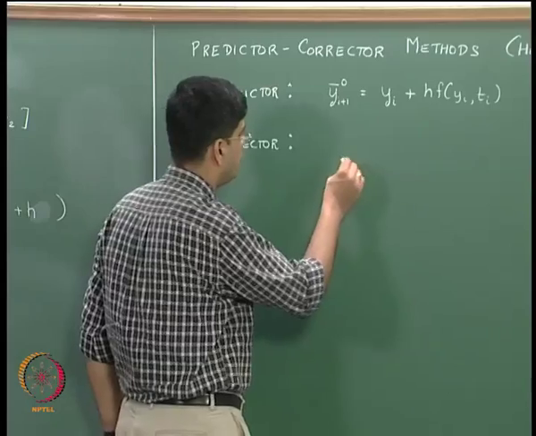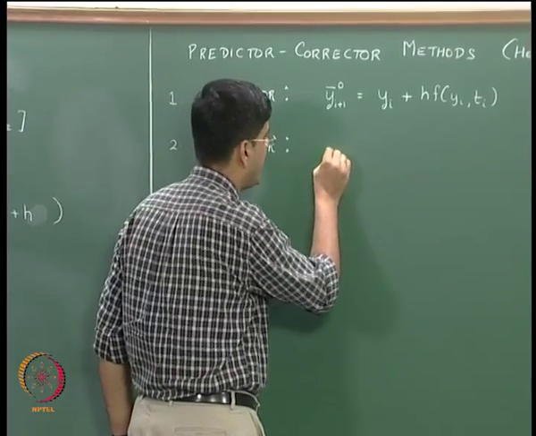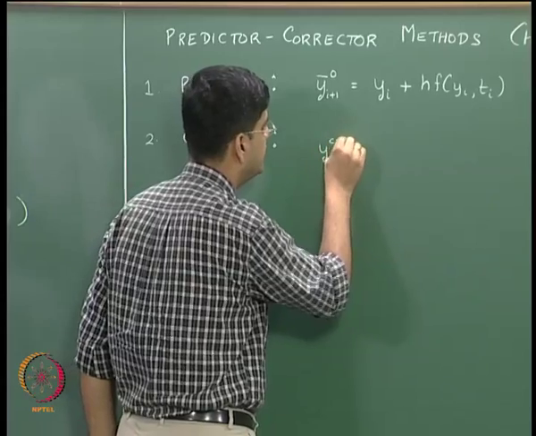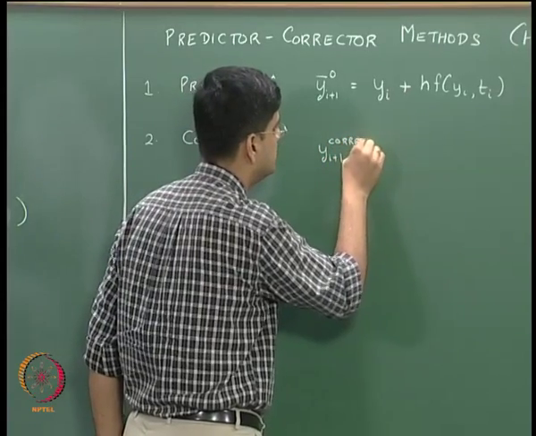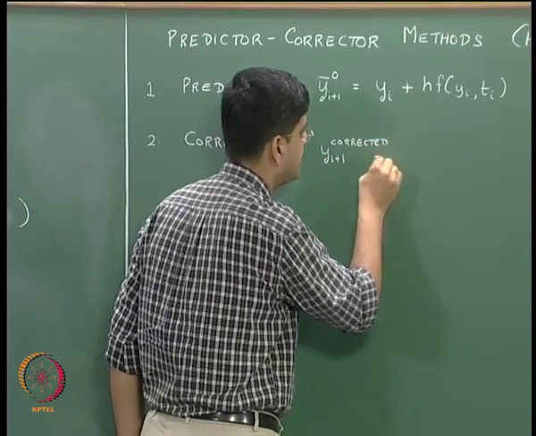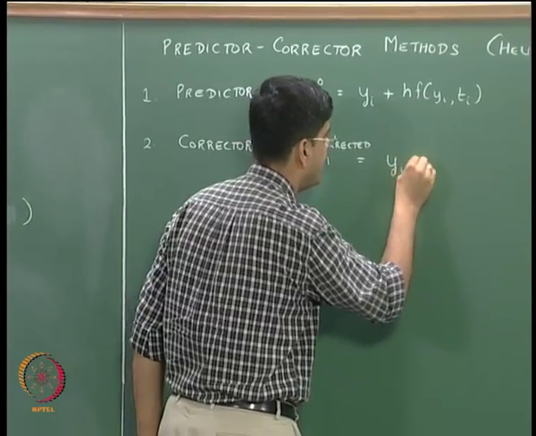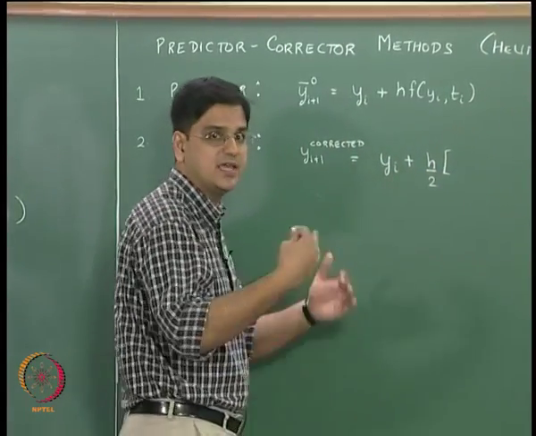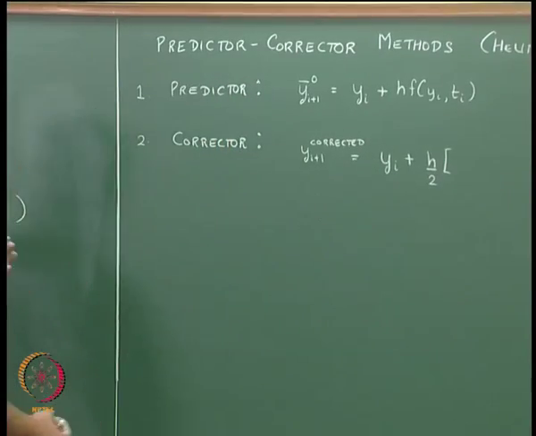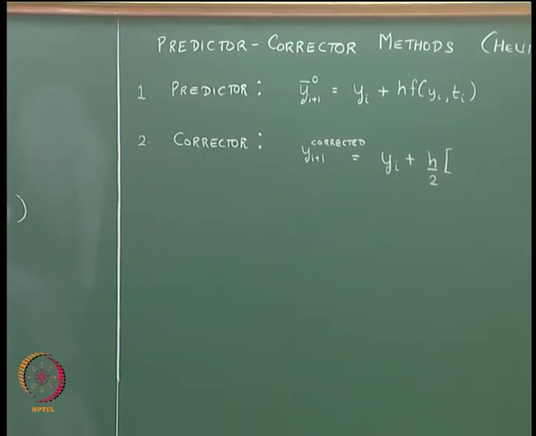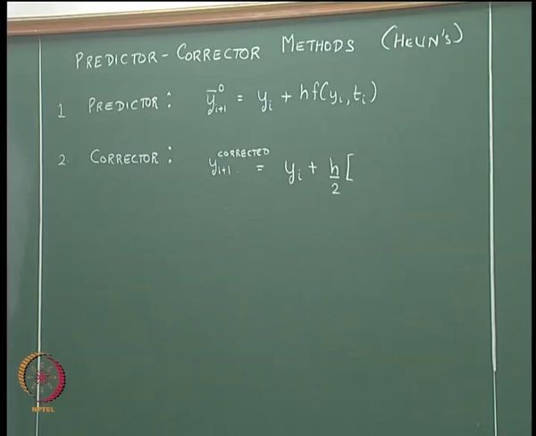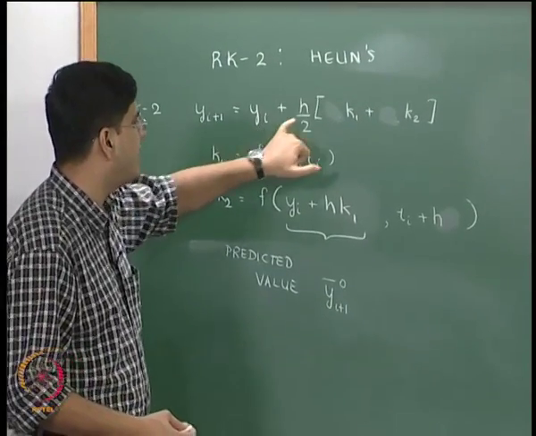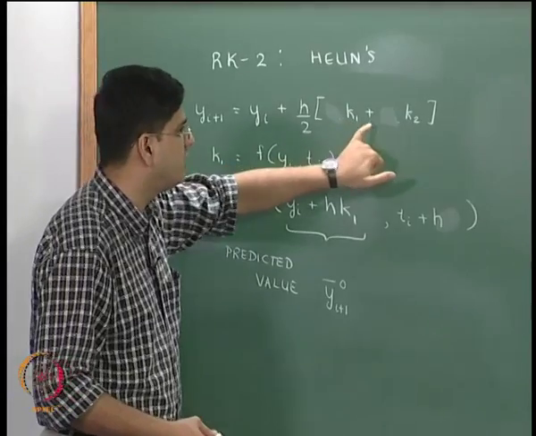In the corrector form, y i+1 corrected is equal to y i plus h by 2 multiplied by k1 plus k2.